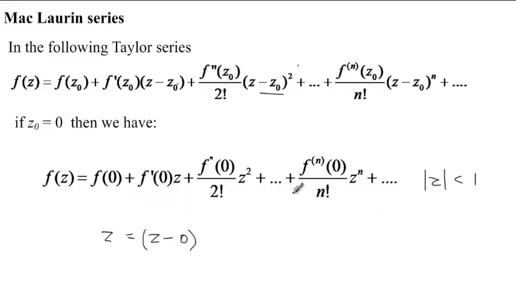Now, if we use this definition, where we use derivatives in order to differentiate up to order n, depending on the number of terms we want to go, we say we are finding the power series according to the definition, or we can just say directly.